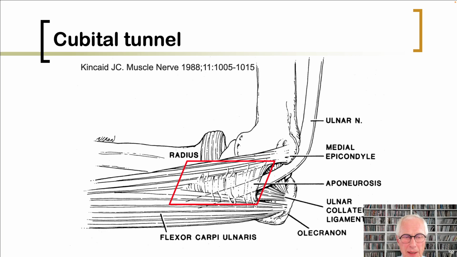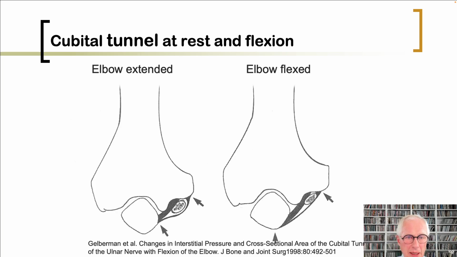So it's a fairly tight structure, and if we look at it in the elbow extended position, the flexor ligament is relaxed, and when you flex the elbow, you can see that the tunnel diameter is decreased and the nerve is compressed.